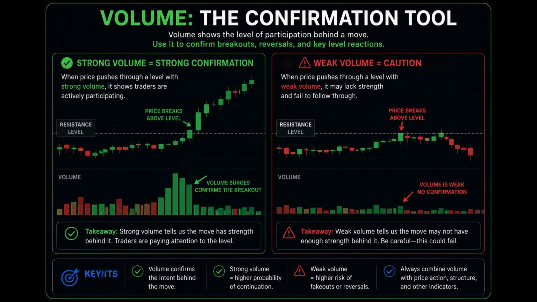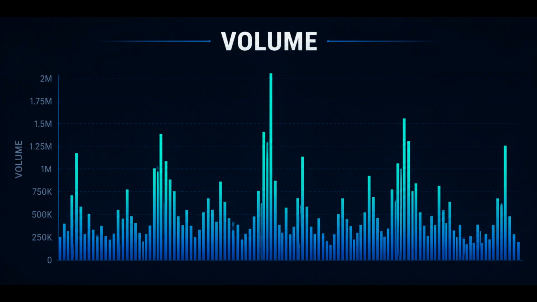That tells us traders are paying attention to the level. But if price breaks a level and volume is weak, we have to be careful. That move might not have had enough strength behind it. That's why volume is important. Volume helps us separate weak moves from stronger moves. No volume, be careful. Strong volume, now we start paying attention.